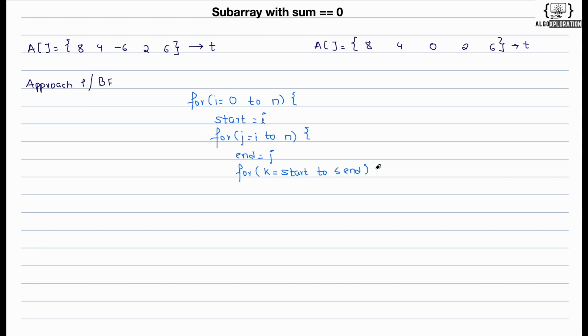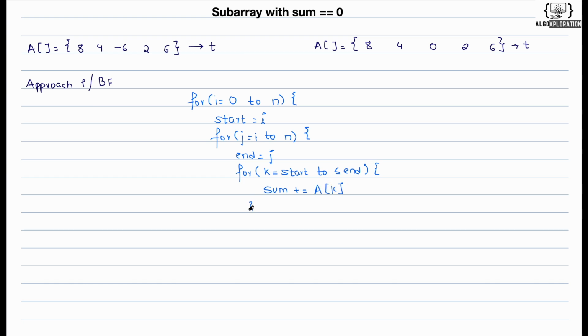So let's say start is here and end is here. The third for loop is going to iterate from start to end, and on the go it will be computing this sum as well. So sum plus equals a of k.